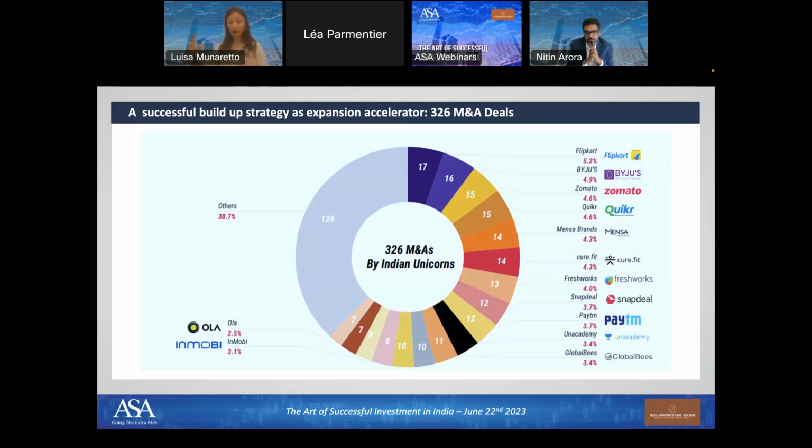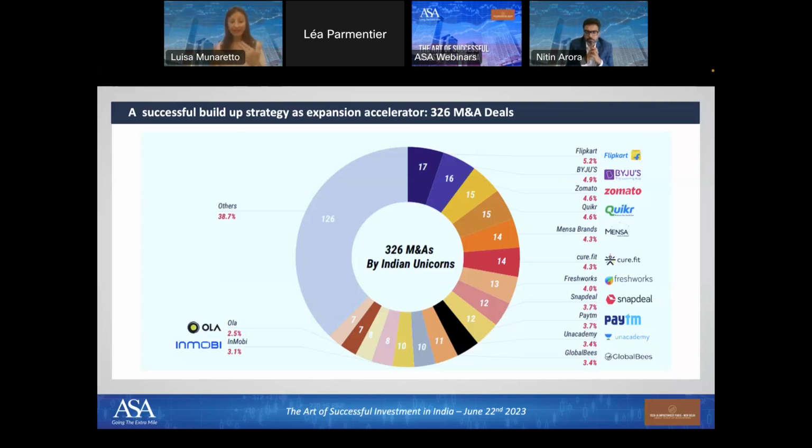And now what we observe also in Europe is that the groups start to realize more external growth and build-up strategies. We have, for example, a company in France named Miro, which has made some acquisitions in India. So we see that, but this is intrinsic and peculiar to the Indian landscape.